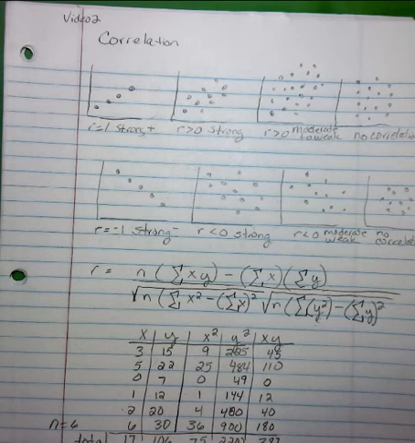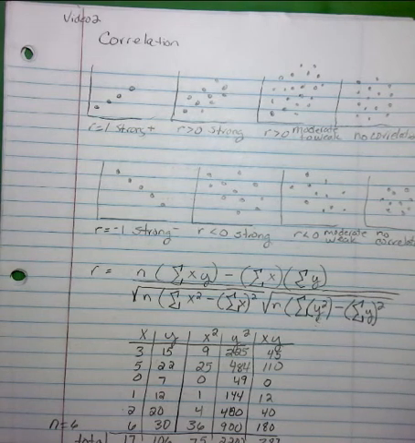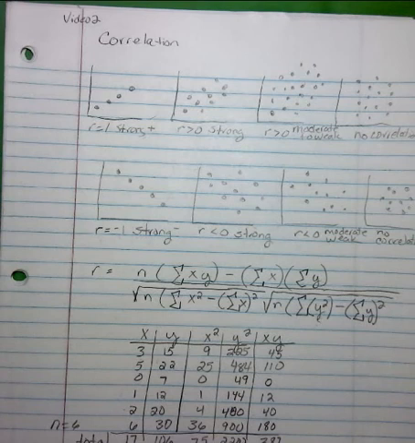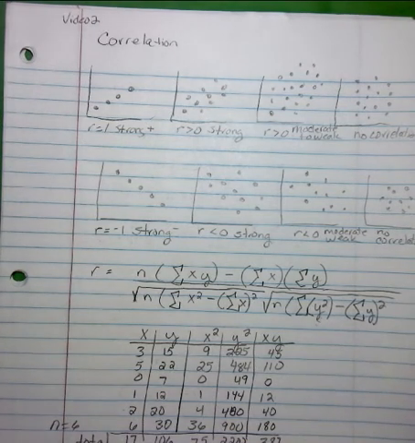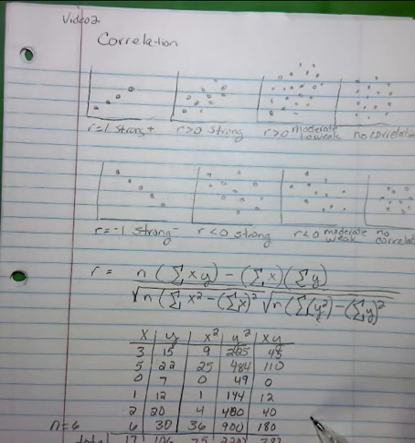We end up with 520 over 564.07, which gives us 0.9218 for our R value. So this is an R value that is close to +1, so that would say that our correlation is relatively strong.